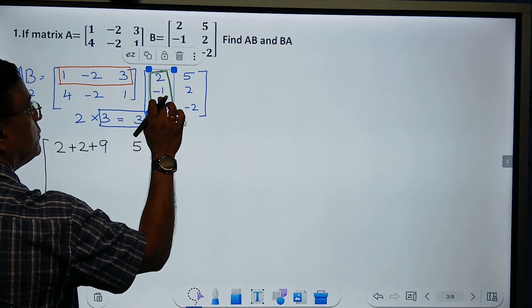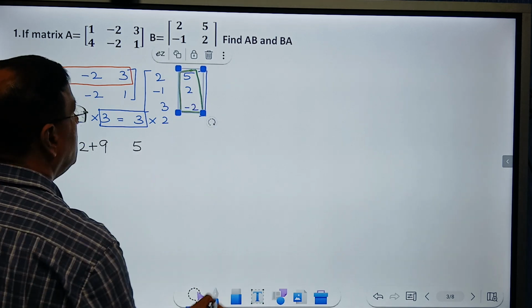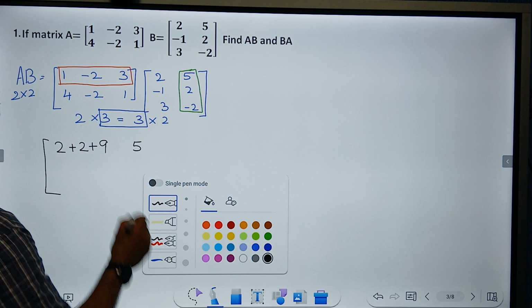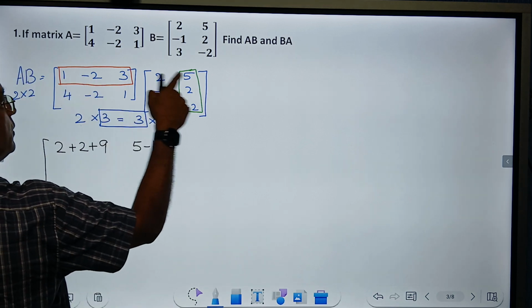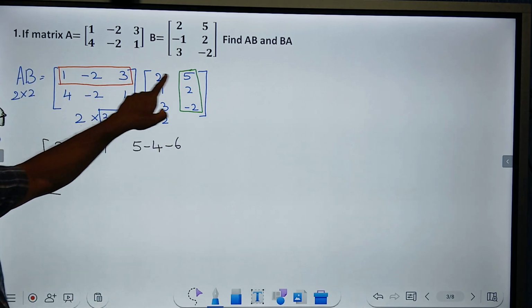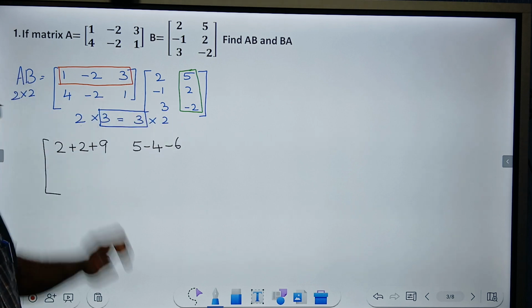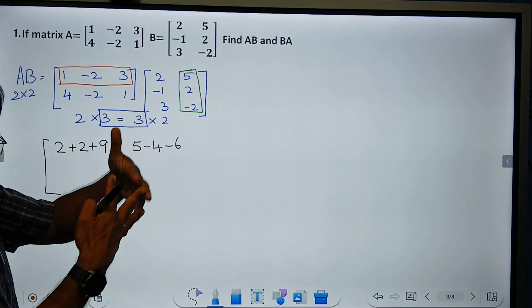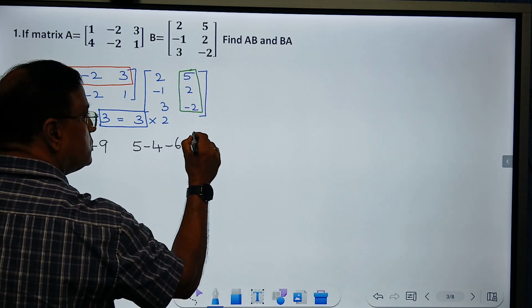One, I can just move this. See this? Tell me. 5, then minus 4. 5 minus 4 minus 6. Each one gets a pair. Okay. And there is no more column, so let's close the door.